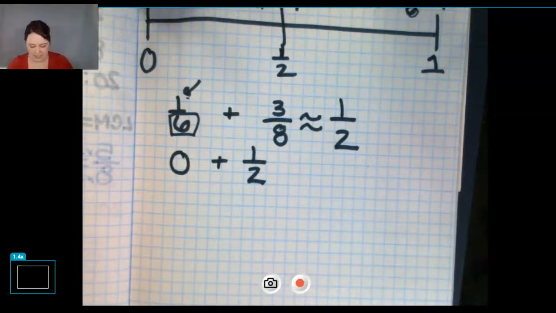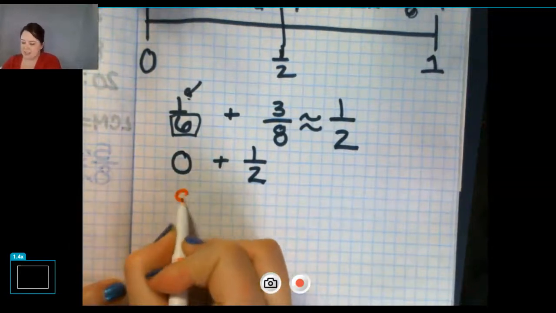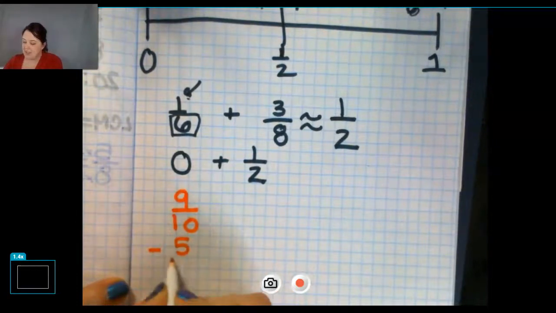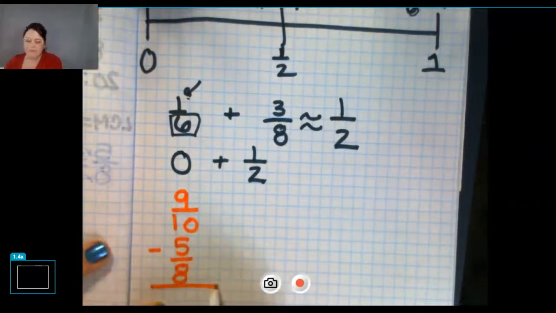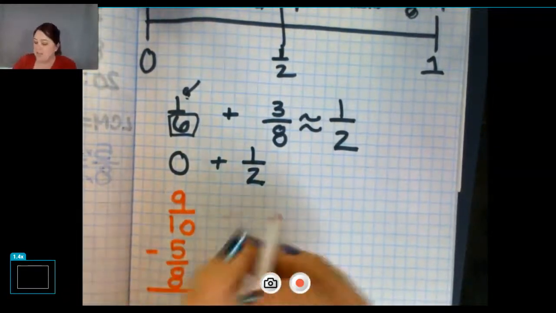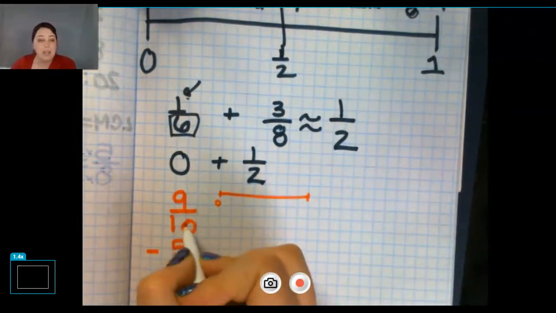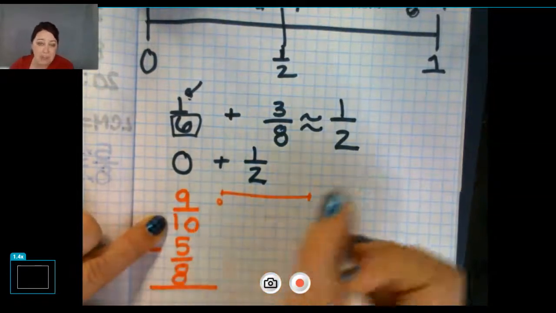Let's get ones that I like. So I've got 9/10 minus 5/8. If I had a number line, I would have 0, because 0 is none of the denominator.